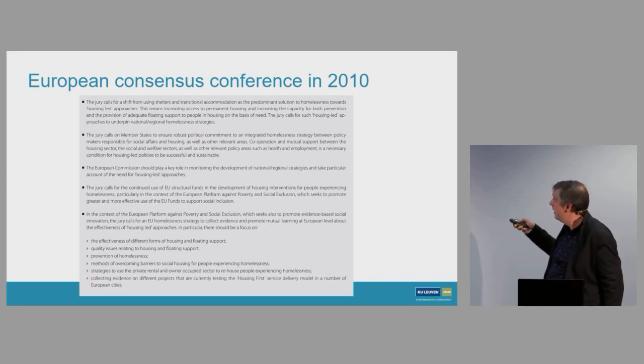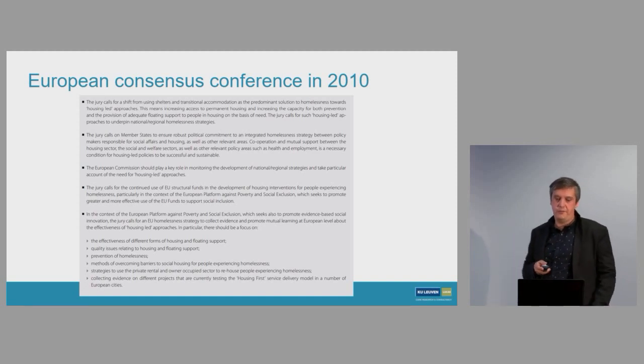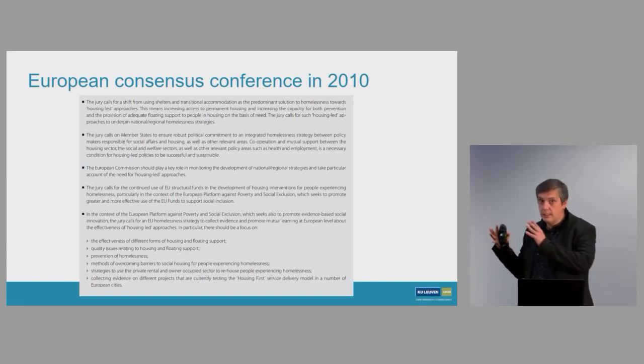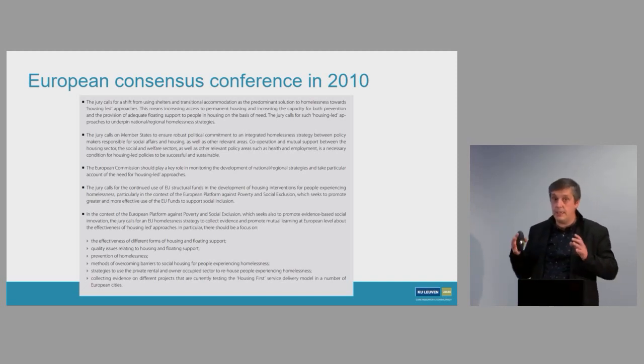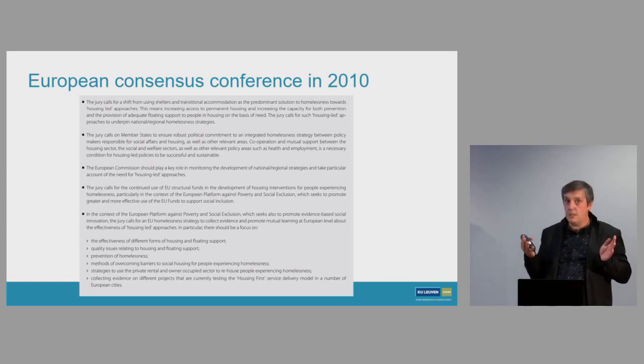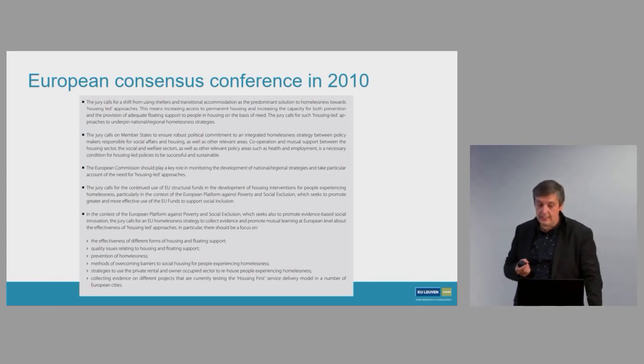And you will see later on in this jury report that they will also plead for housing first as an important solution for homelessness. This was a very big conference in which all different actors, policy actors, stakeholders, civil society organizations came together to define a consensus on how to go on with the fight against homelessness.